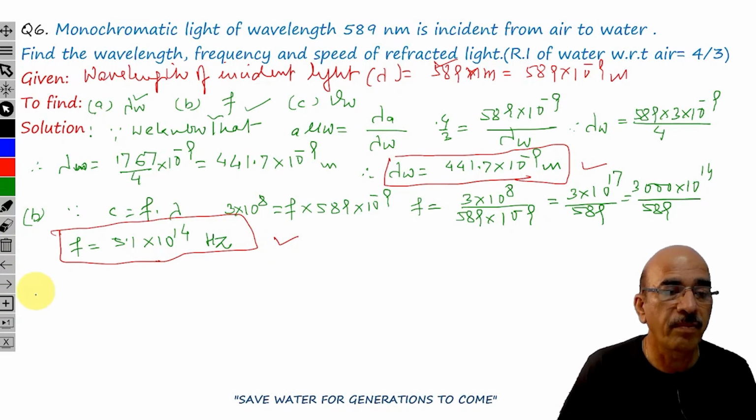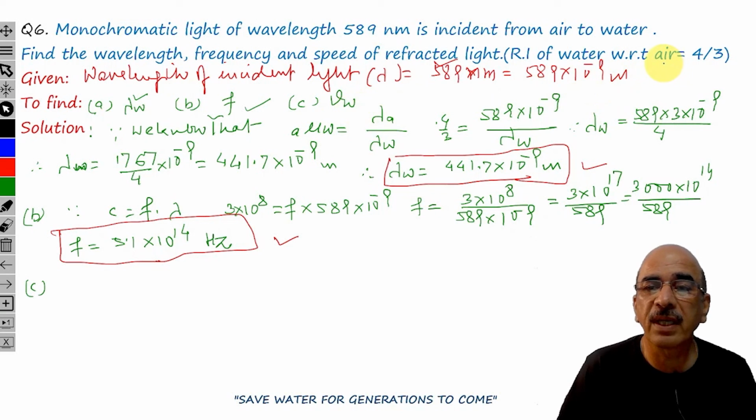Now part C. See what is in part C. We have to find the velocity of light in water. The refractive index of water with respect to air is given. So here we will write: since aμw, refractive index of water with respect to air, is given.